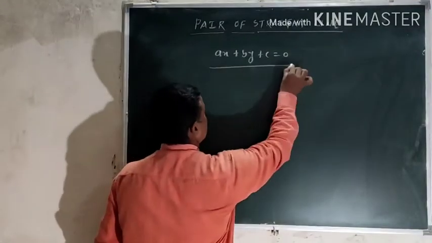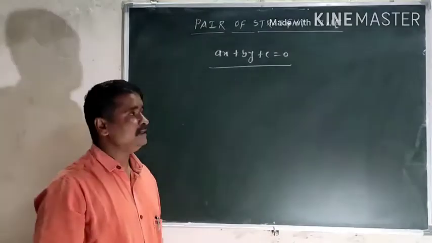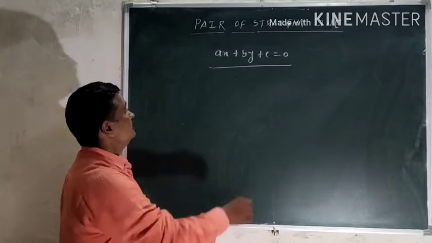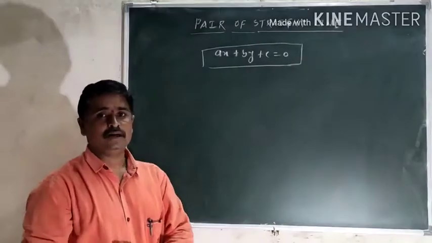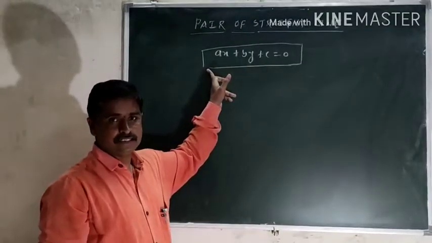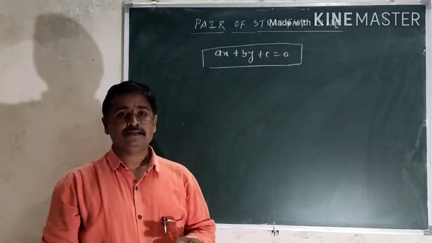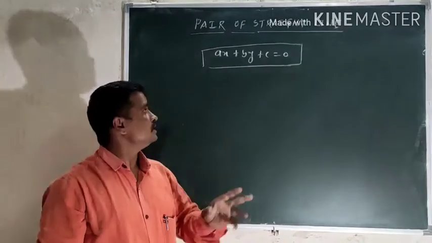It is the general equation of a straight line. Here we are going to learn about different types of straight lines, that is pairs of straight lines, meaning more than one straight line.